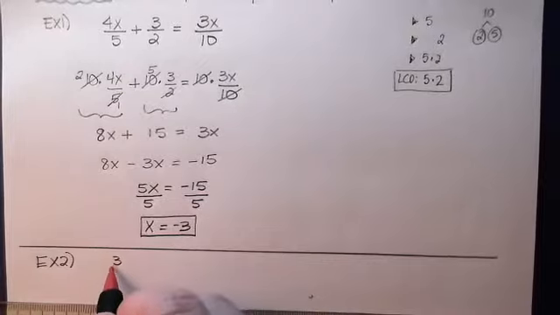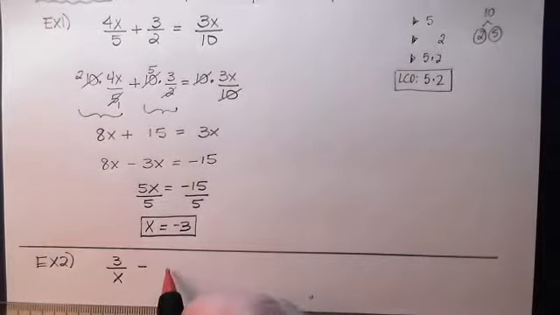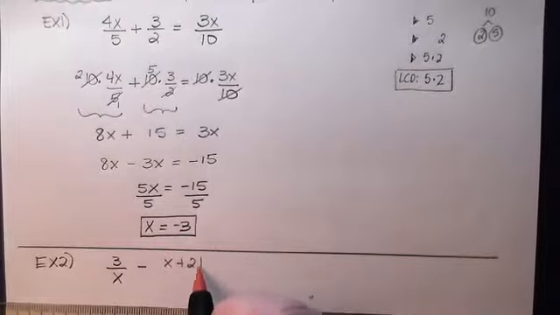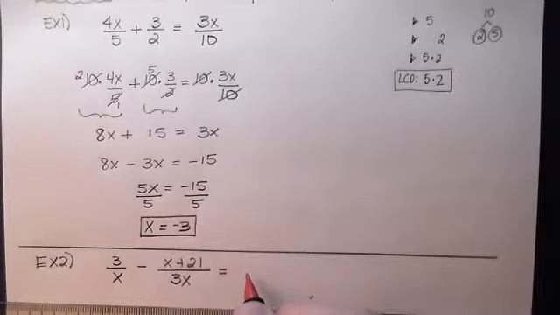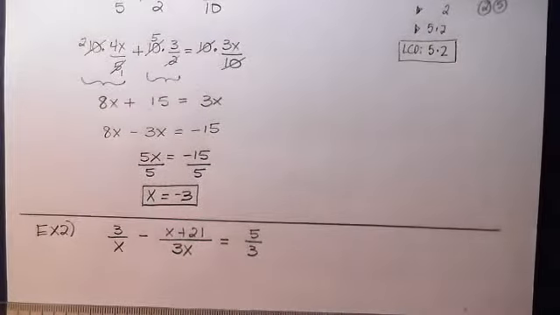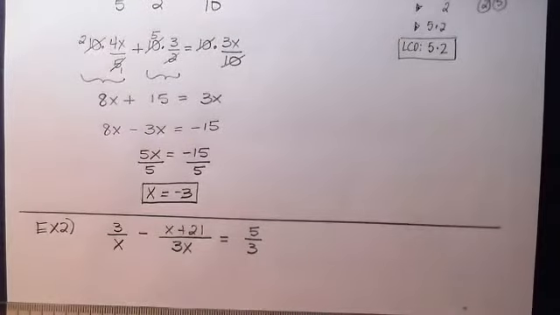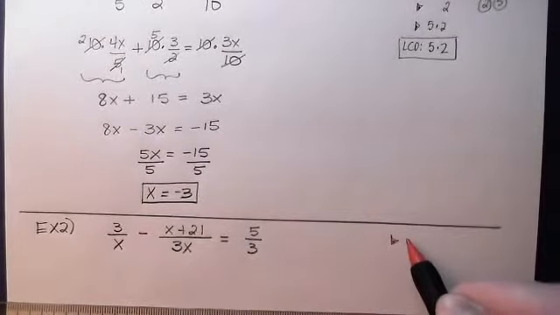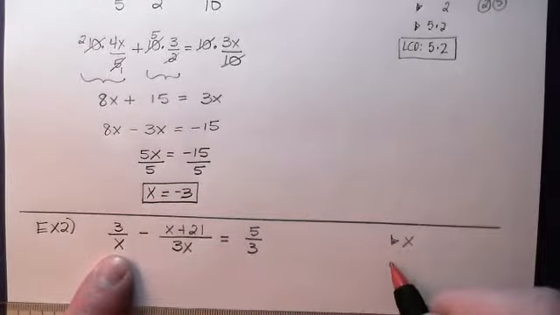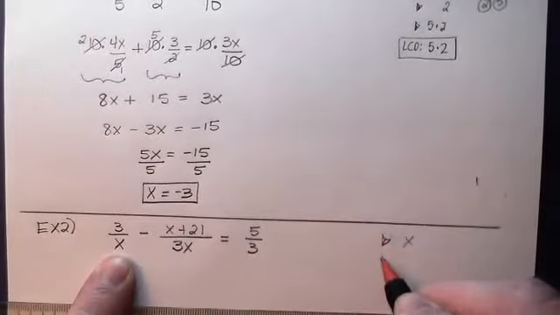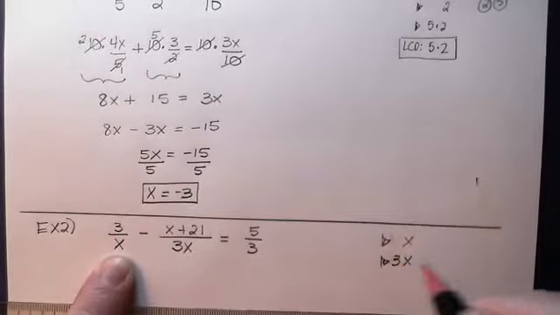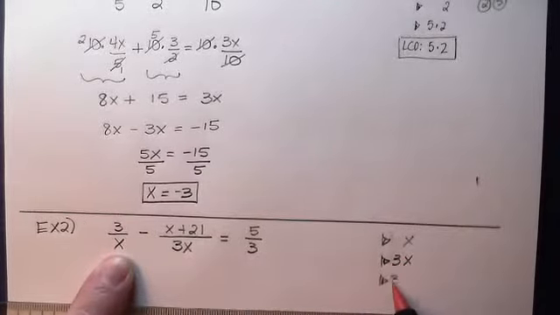Here's going to be example number 2. And this will be 3 over x minus x plus 21 over 3x equals 5 over 3. Alright, very well. I'm going to take my first denominator, and my second denominator, and line them up. So I have 3, and I have an x. And my third denominator, I only have a 3.